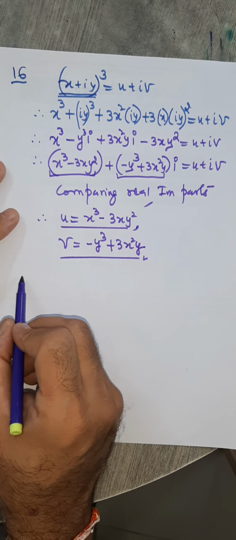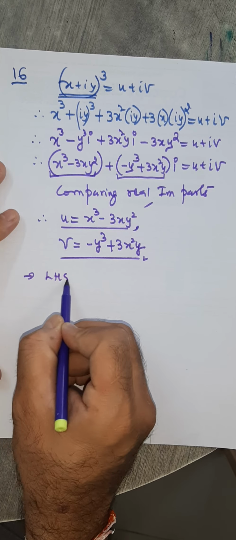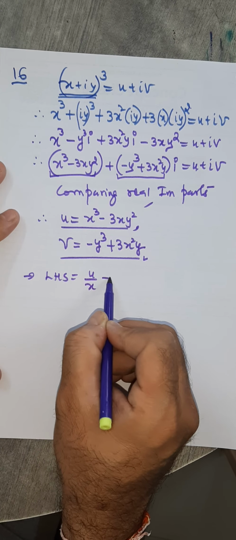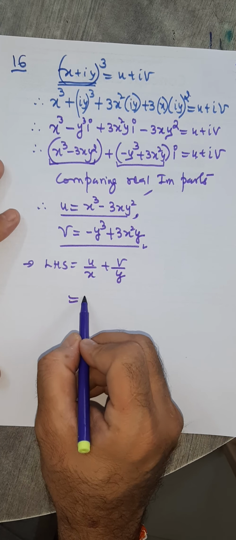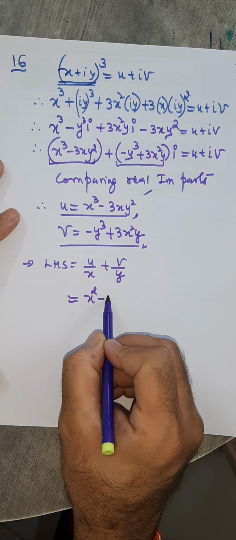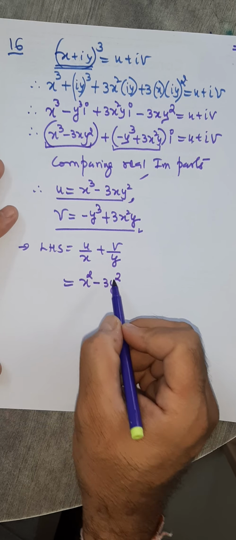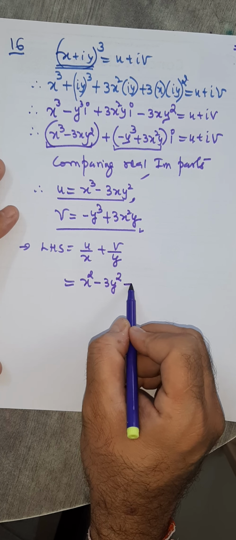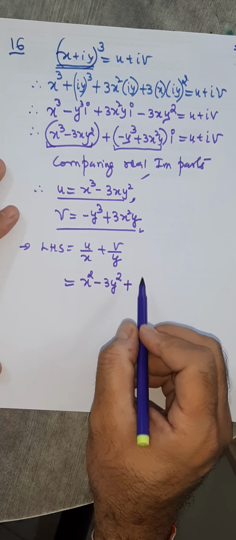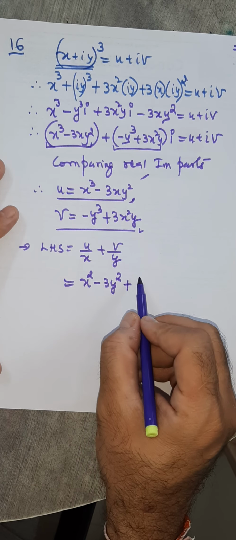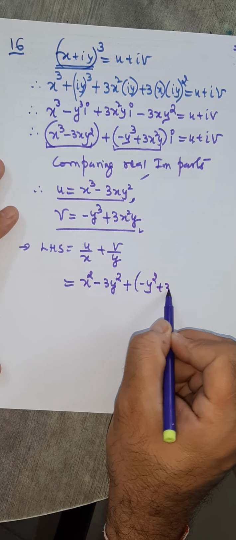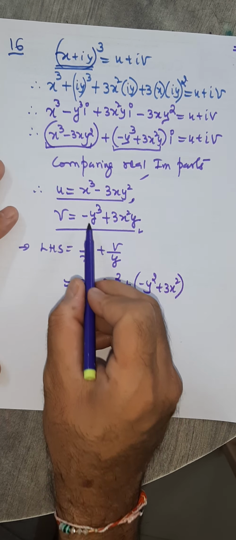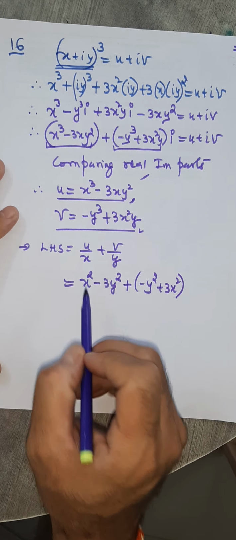Now what is LHS? Just place there. Now left hand side is u/x + v/y. So u/x is x² minus 3y², plus, now dividing by y here, v/y is minus y² plus 3x².